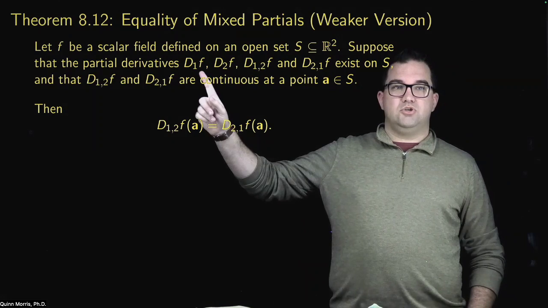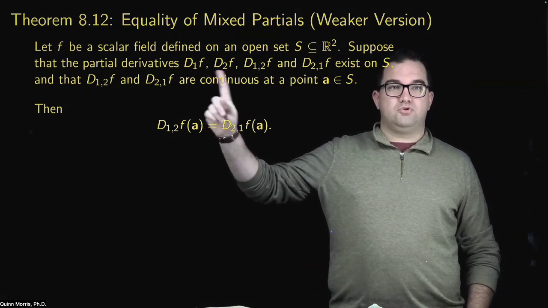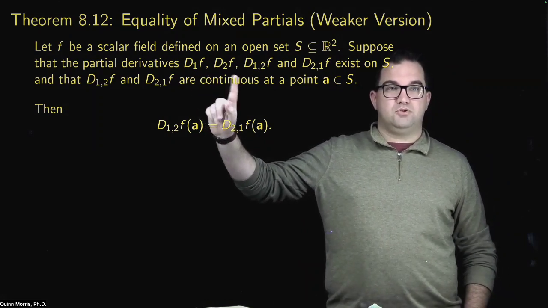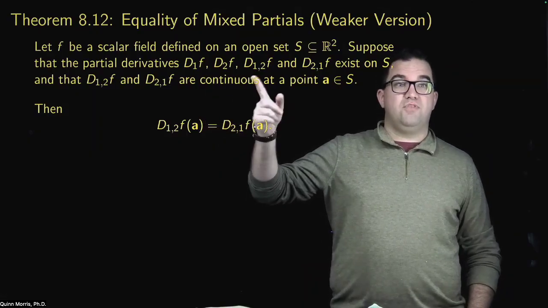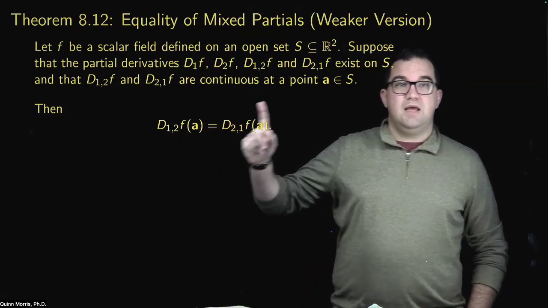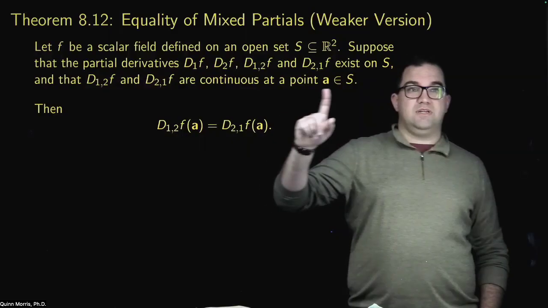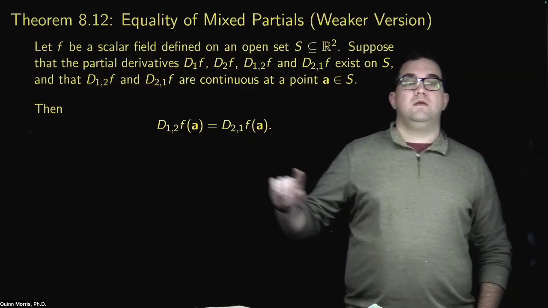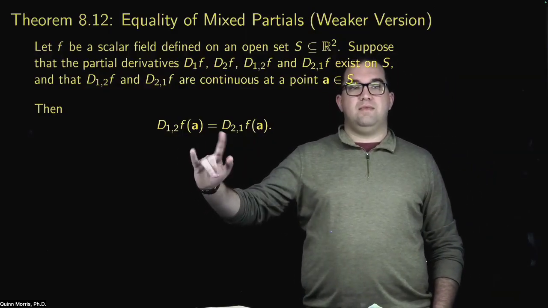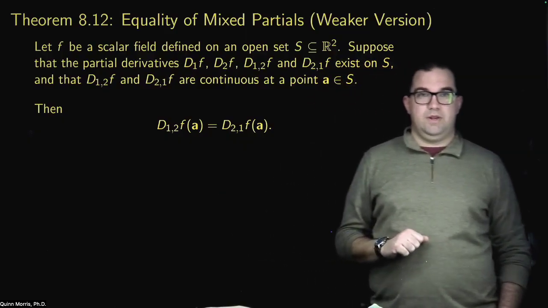Now we're going to assume that both of the first partial derivatives exist, both of the mixed partials exist, and that both of the mixed partials are continuous at A. Then we will prove that the mixed partials have to be equal to one another.